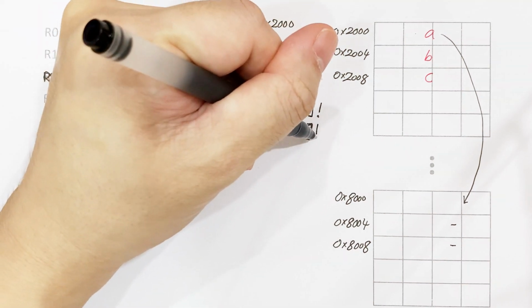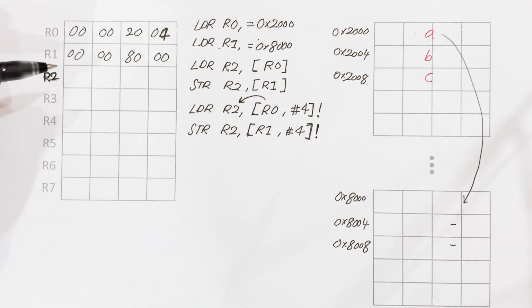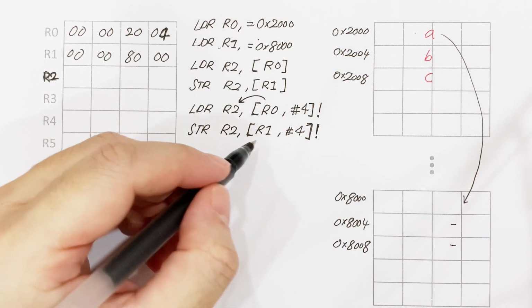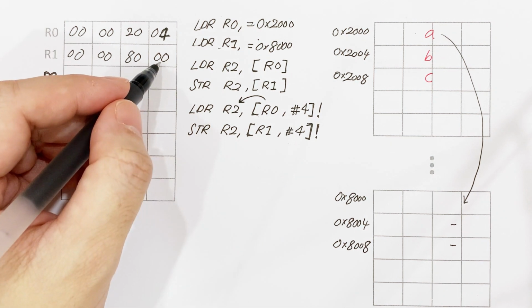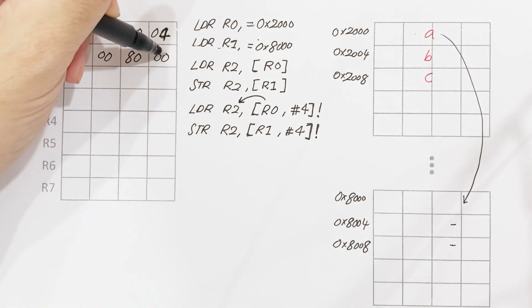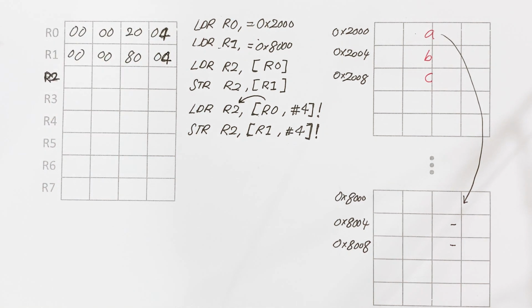So with this preindex mode, R1 will change from 8000 into 8004.